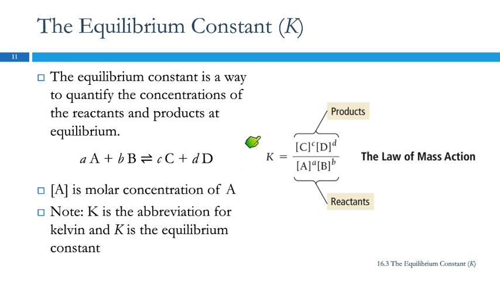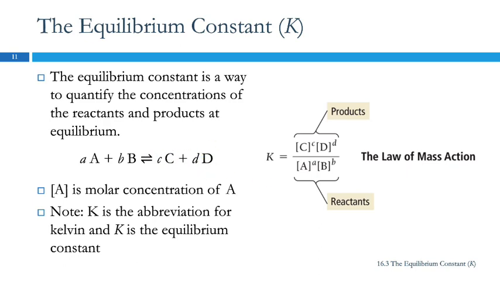So this is the formula for the equilibrium constant, and it's known as the law of mass action. And it's really not too hard to remember. Just like delta something is always the final minus initial, a lot of these things are the products over the reactants.